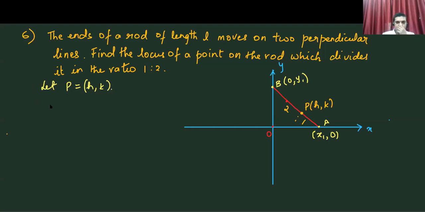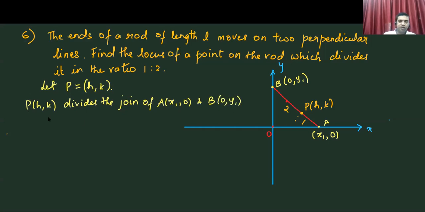Now P(h, k) divides the join of A(x1, 0) and B(0, y1) in the ratio 1:2.